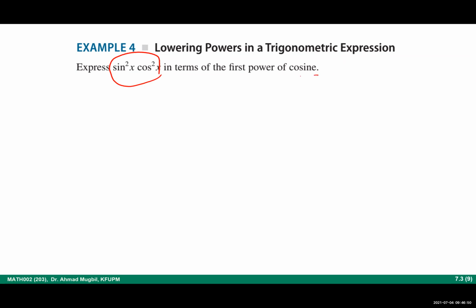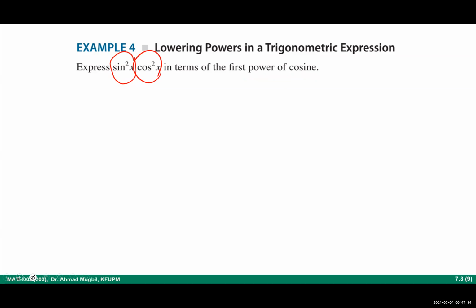We need to write it in terms of the first power of cosine. What does that mean? It is cosine to the power 1. Whatever the angle is here, it doesn't matter. They didn't say cosine x or cosine 2x, cosine whatever. What is important is that the power is 1.